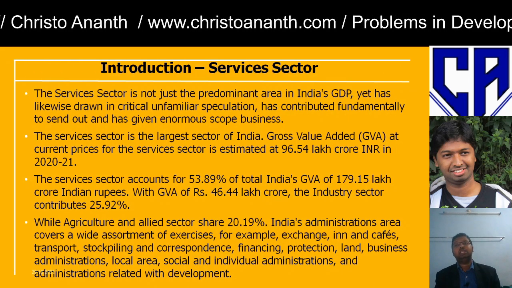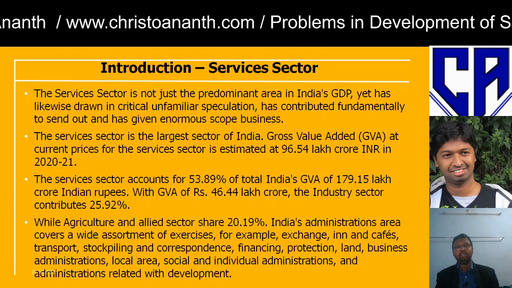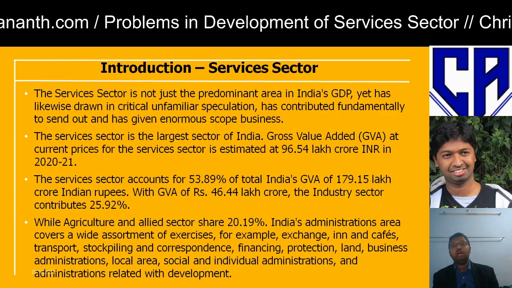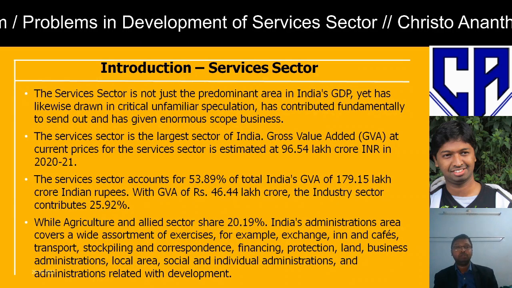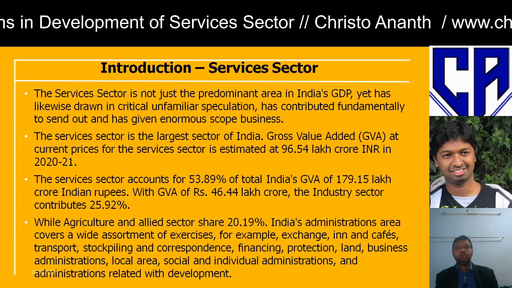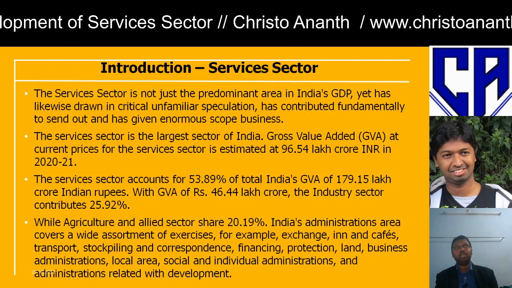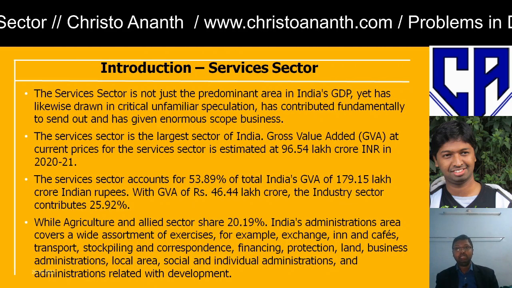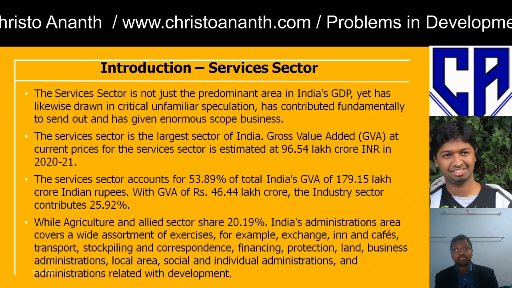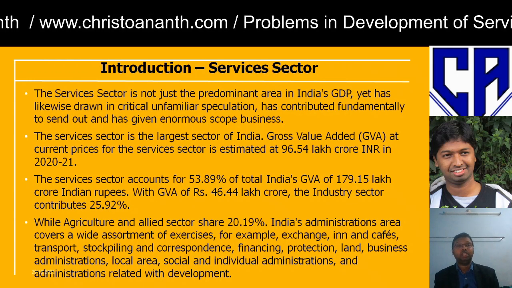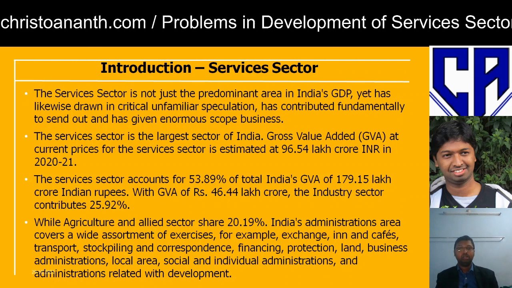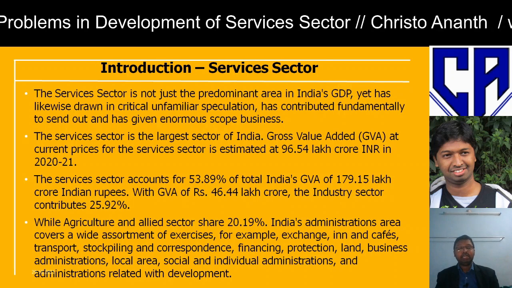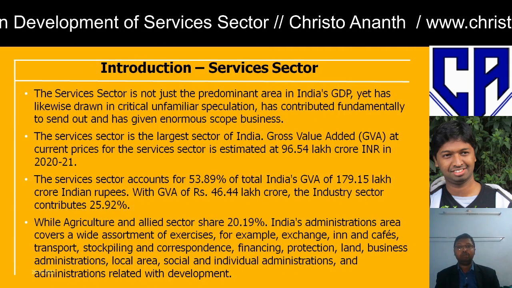Out of India's total GVA of 179.15 lakh crore Indian rupees, the services sector contributed 53.89%. Of the total GVA of 46.44 lakh crore, India's industry sector contributed 25.92%. And agriculture, being a vital part, shares around 20.19%.